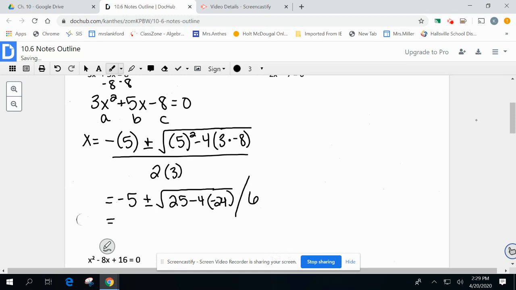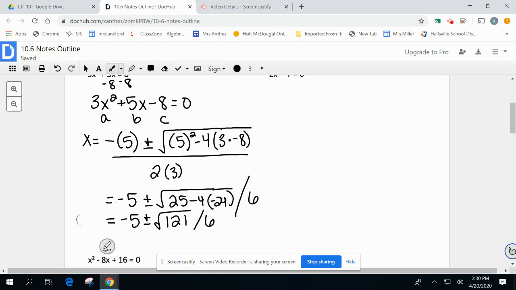The next thing I'm going to do is take, in my calculator, 25 minus 4 parentheses negative 24. So that's going to give me negative 5 plus or minus the square root of 121, divided by 6.